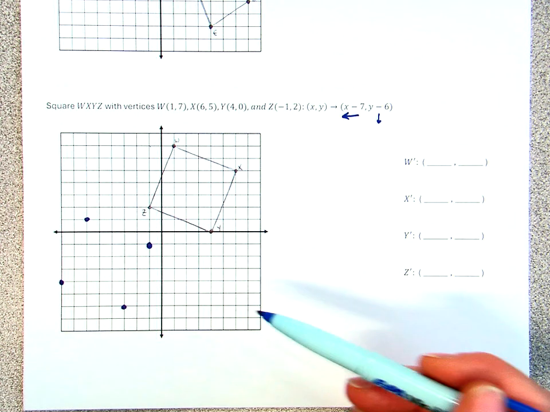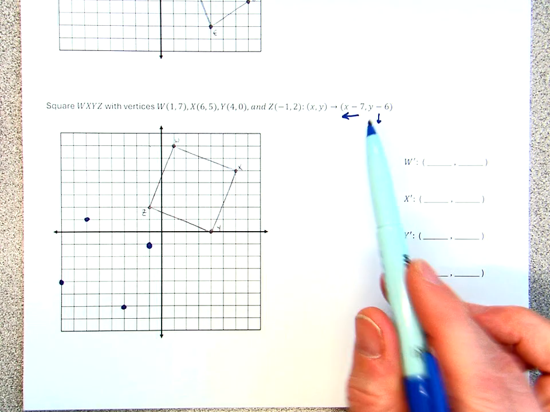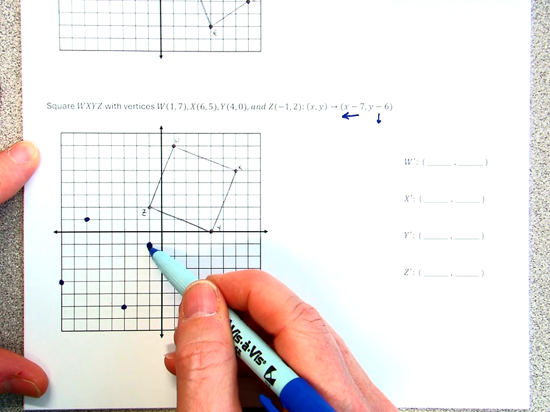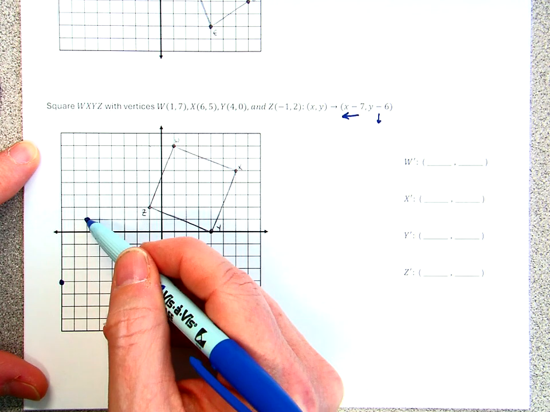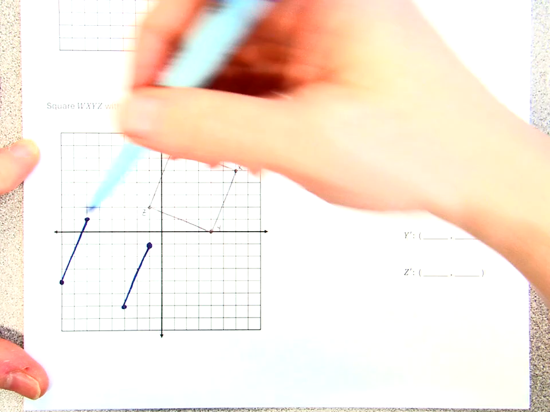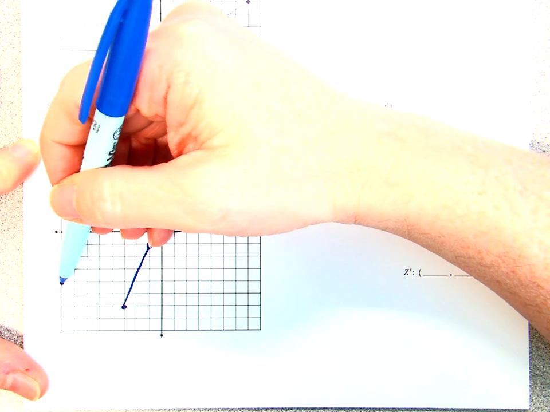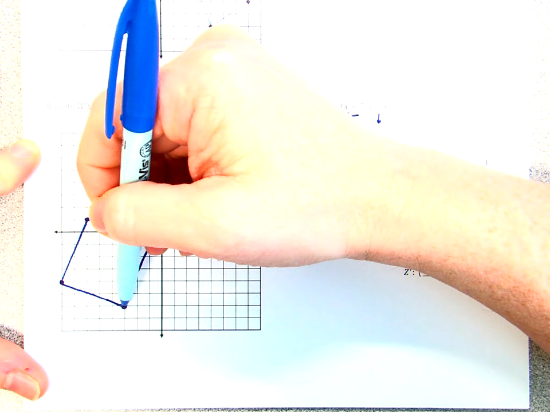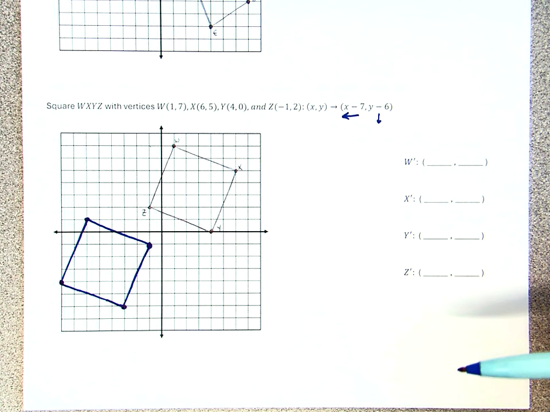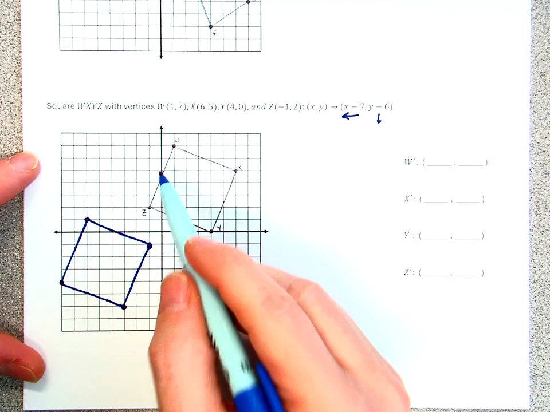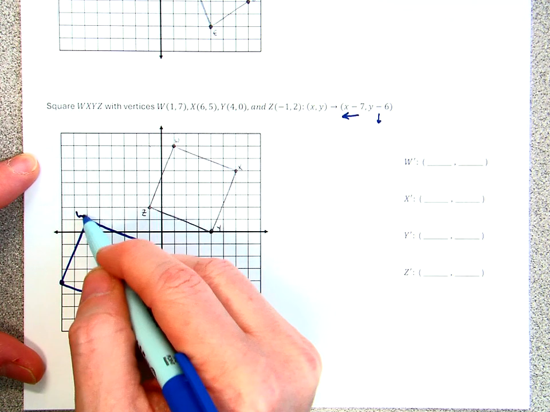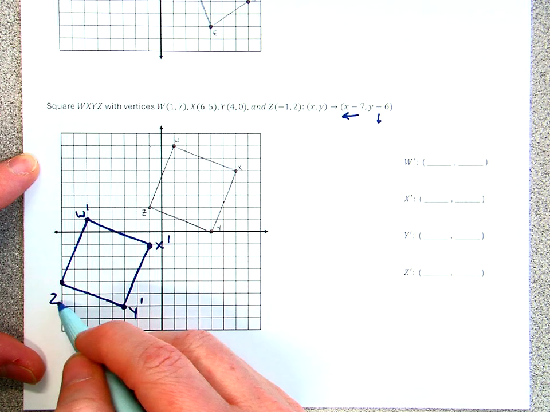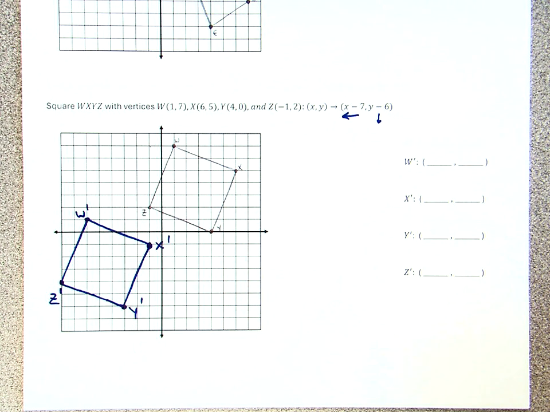As we translate these along the equation, again, if our translated points don't look like a square, then we probably miscounted. So that's why I'm using these defined shapes so that everything looks like it's supposed to. So this will be W prime, X prime, Y prime, Z prime, right?